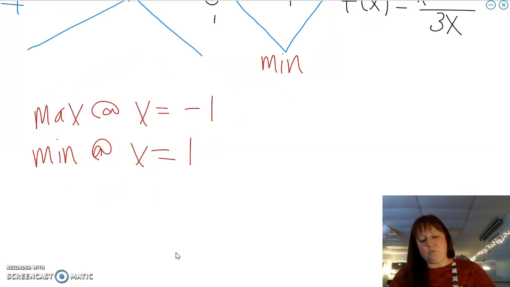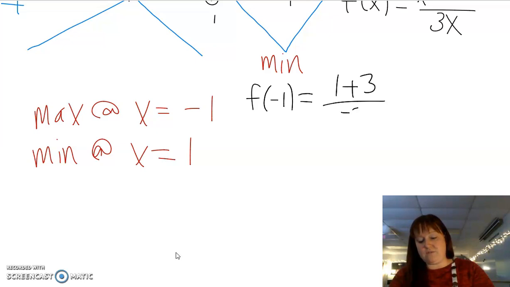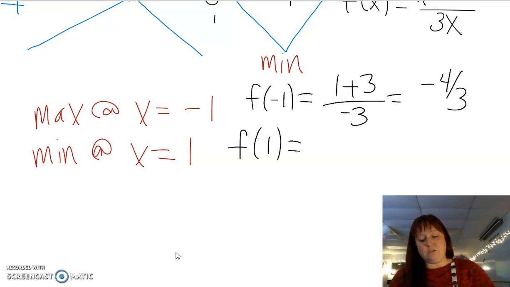So we're going to find f of negative 1, which is 1 plus 3 over negative 3, which is negative 4/3. And then we're going to find f of 1, which is 1 plus 3 over 3, which is positive 4/3.